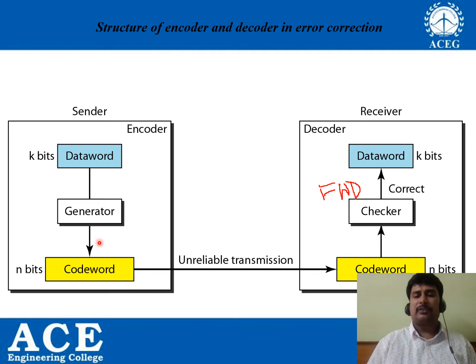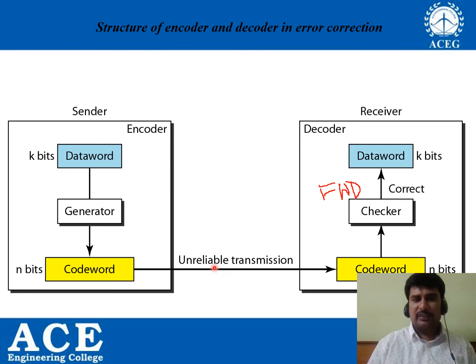So instead of the receiver correcting the error, if it is asking the sender to retransmit, that is called reverse transmission. Okay, and that is also referred to as retransmission. So we have two types of error correction. One is forward error correction, where the receiver itself will try to find the error and correct the data. If not, it will ask the transmitter to resend the same code.